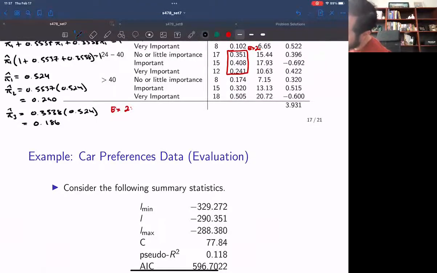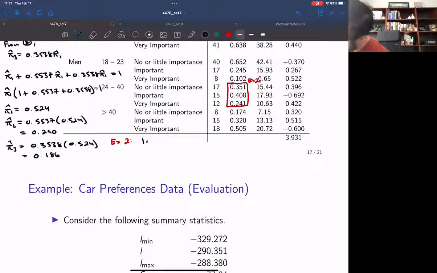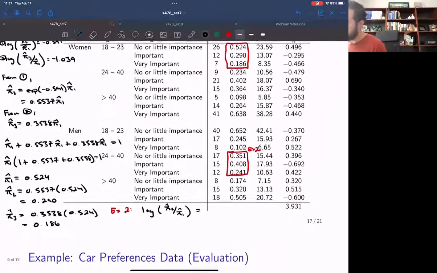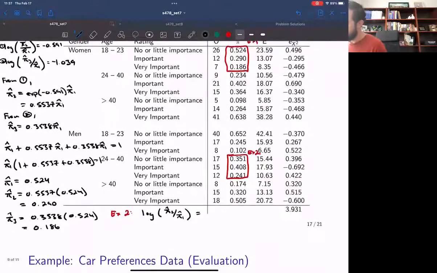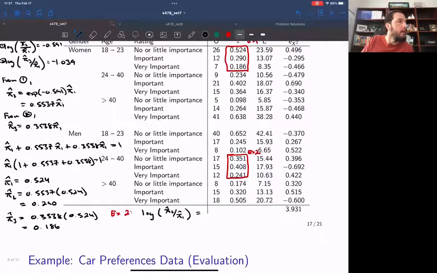This one is going to be log of pi hat 2 over pi hat 1. This is going to be for men.